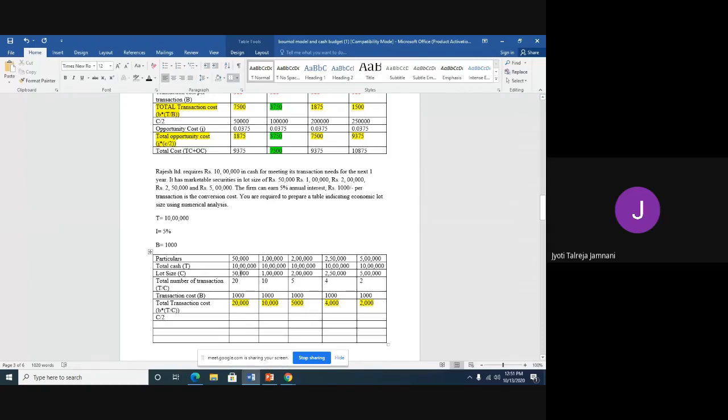So first C value is 50,000. 50,000 divided by 2, 25,000. 1 lakh divided by 2, 50,000. 2 lakh divided by 2, 1 lakh. 2 lakh 50,000 divided by 2, 1 lakh 25,000. And 5 lakh divided by 2 is 2 lakh 50,000. So we have the C by 2 values.